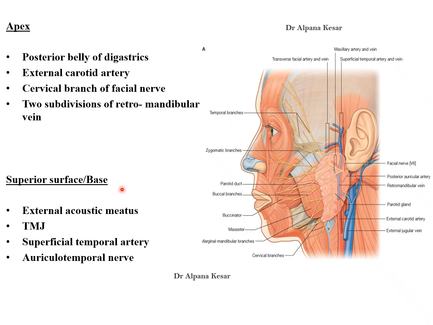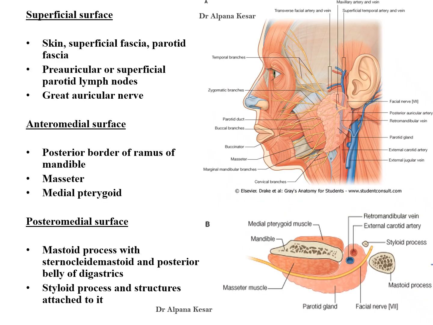The base or the superior surface is related to external acoustic meatus, temporomandibular joint, superficial temporal artery, and auriculotemporal nerve. This is the superficial surface of parotid gland.